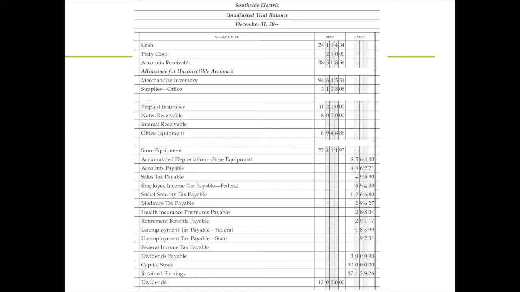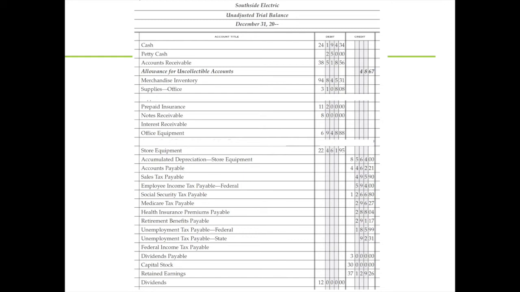Once you have written that in, we will turn to our allowance for uncollectible accounts, which is on page 431 in your working papers. You can see that it has a credit balance of $48.67. And again, your unadjusted trial balance contains all of your accounts in your general ledger, whether they have a balance or not.